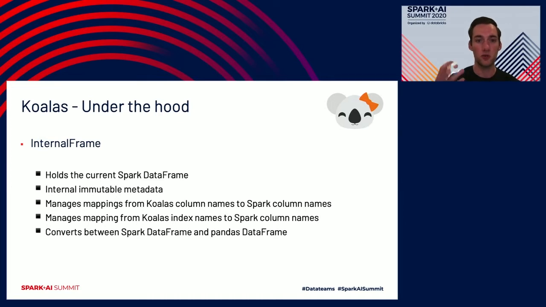Further, in order to replicate the index or multi-index of Pandas, Koalas requires that we map the columns of a Spark data frame representing the index to the appropriate Spark column names. The InternalFrame under the hood of Koalas can then be thought of as this bridge between Spark and Koalas, and can optionally enable the conversion between a Spark data frame and a Pandas data frame. The combination of the underlying Spark data frame with the InternalFrame is then what allows us to mimic that Pandas API with Koalas.